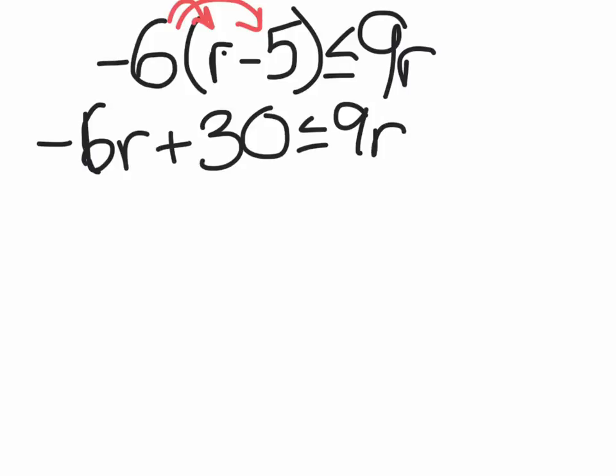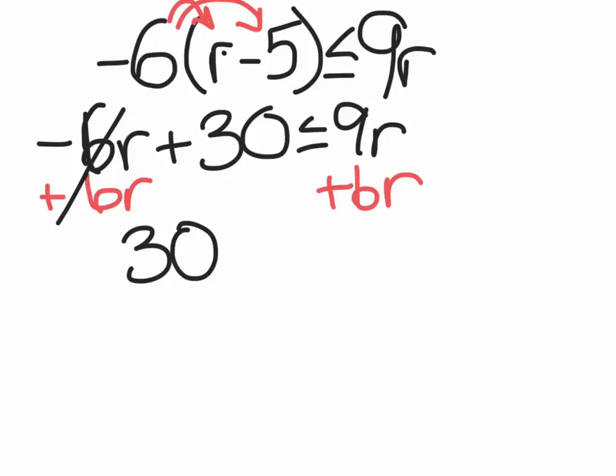Okay, now I can start moving things from one side to another. I'm going to move the 6. Plus 6r, plus 6r. So I come out with 30 is less than or equal to, and 9 plus 6 is 15r.